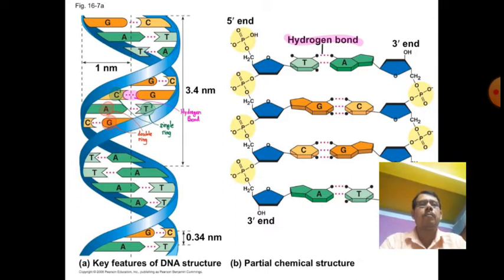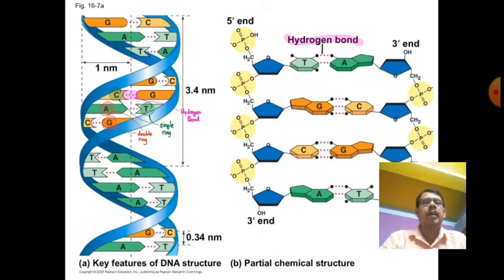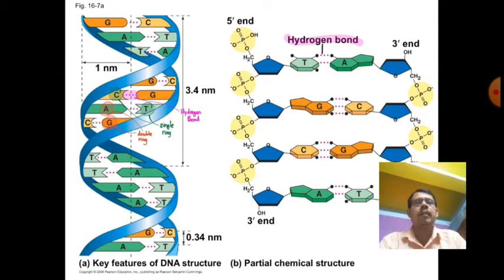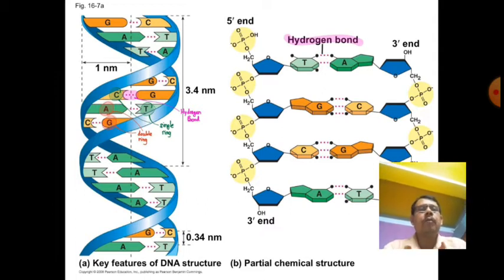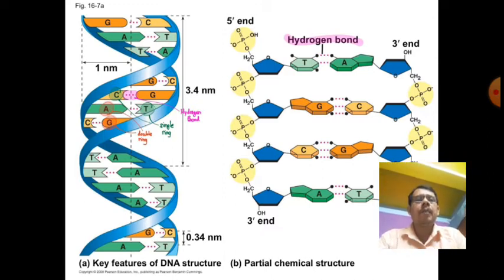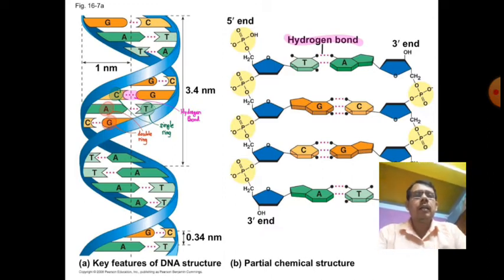One strand is joined to the other strand by hydrogen bonds, G with C by a triple bond and A with T by a double bond, and it has two grooves, the minor groove and the major groove. The minor groove is 1 nanometer and the major groove is 3.4 nanometers per helix turn.